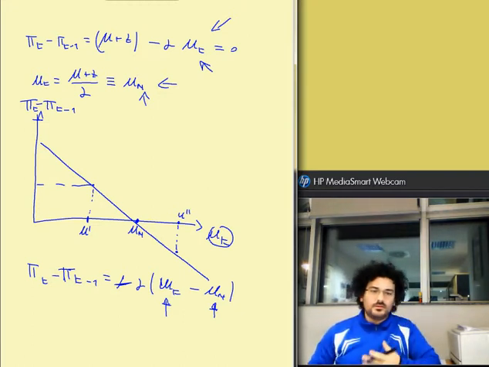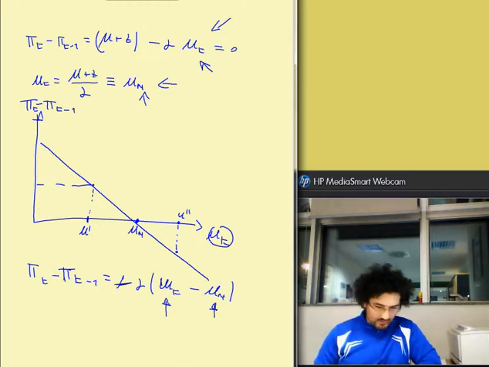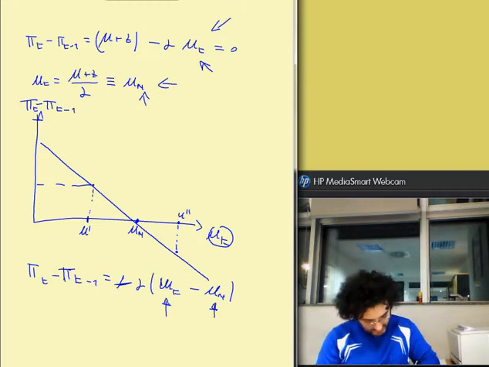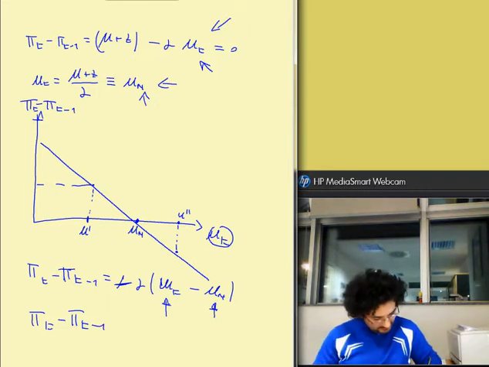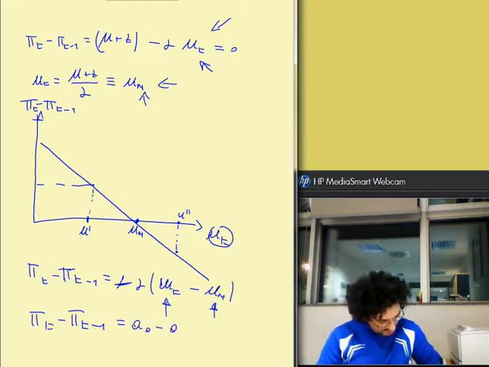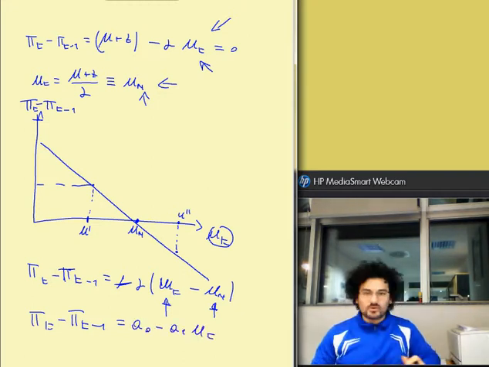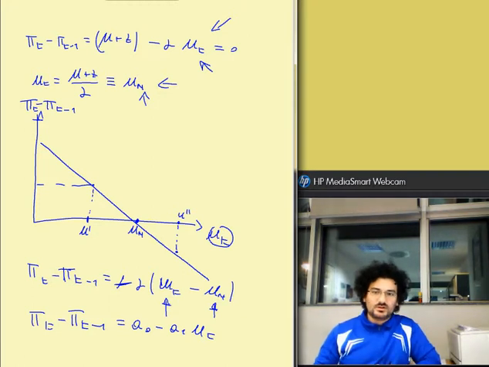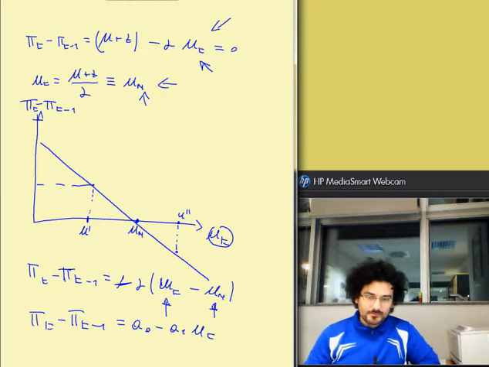This is very important, because we can also estimate the value of the natural level of unemployment, considering, for instance, data about the change in the inflation rate with respect to unemployment, a0 minus a1 ut, in order to establish some kind of relation between the change in inflation rate and the rate of unemployment.